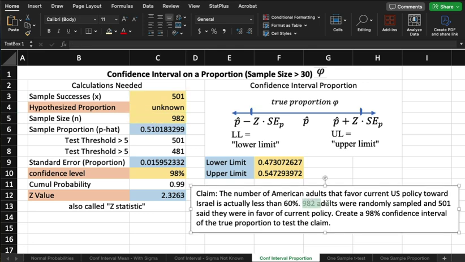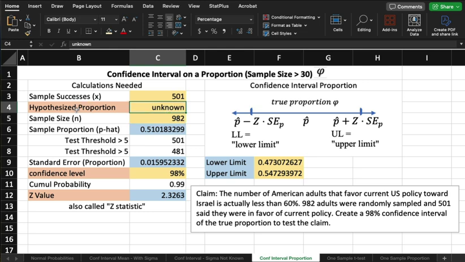If 982 adults were sampled or surveyed, then that's your n. Next to sample size n in row 5, column C, so that's in cell C5, I just typed 982.